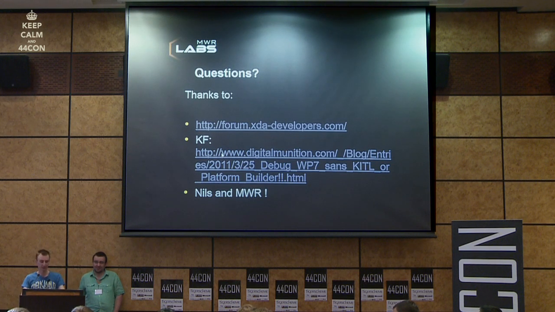Mango has gone to RTM at the moment. I don't know how easy it is to get hold of for the general public at the moment. Developers, I think, can have access to it, but I won't say what the vulnerability is.